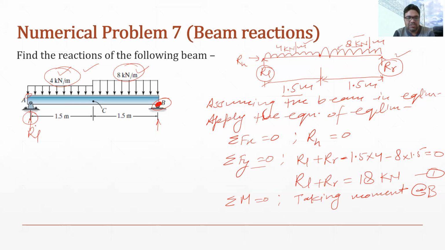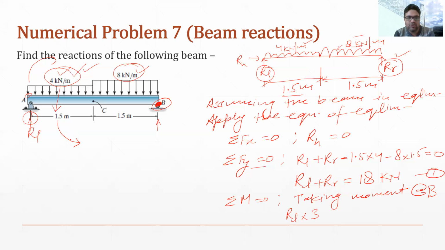The moment of the RL reaction about point B would be RL into 3. This RL will be rotating like this. Similarly, the moment because of this UDL, which is 4 kilonewton per meter and downward, will be rotating about B like this.